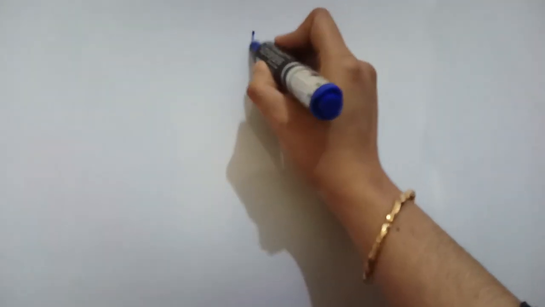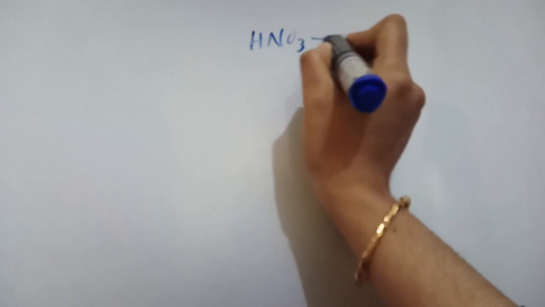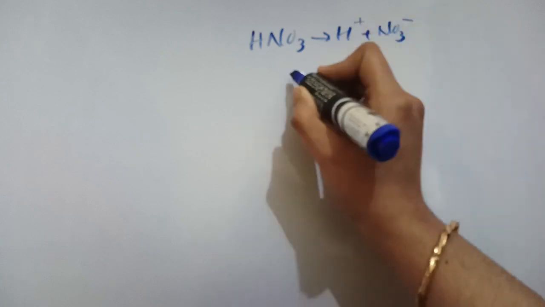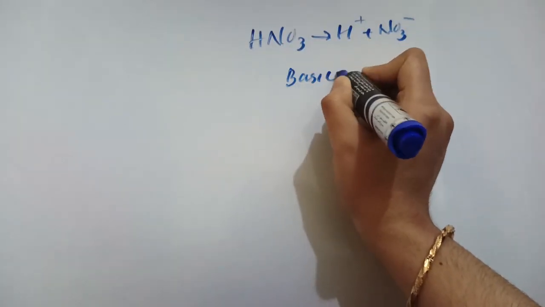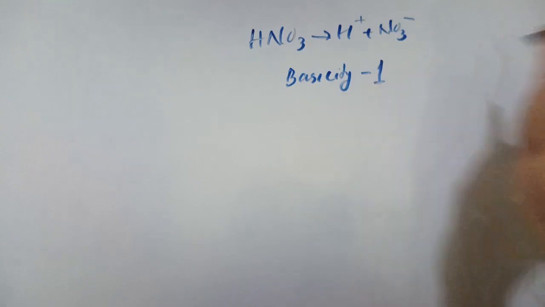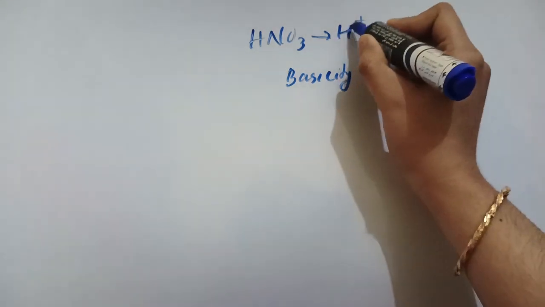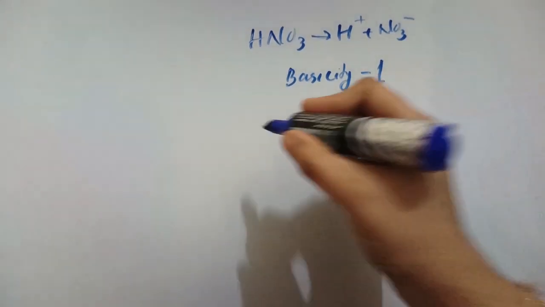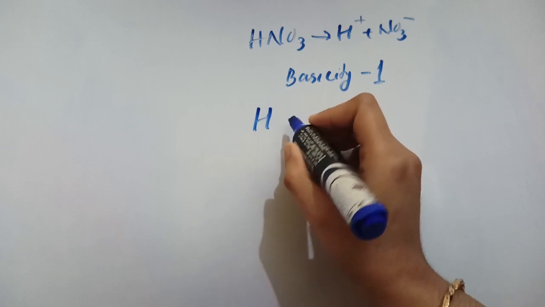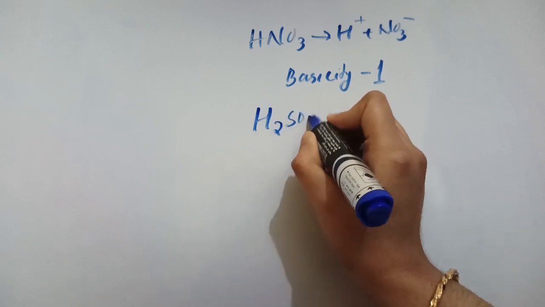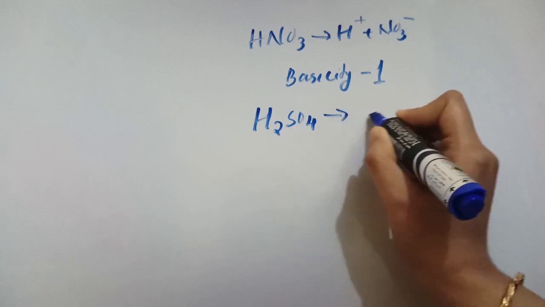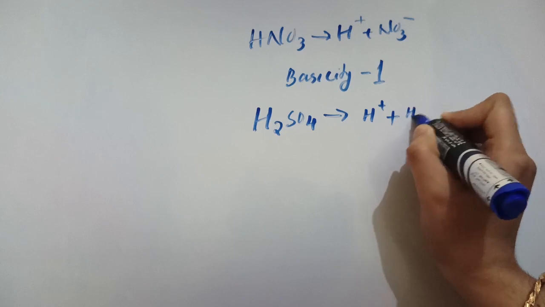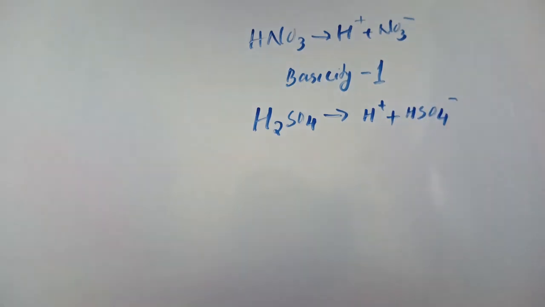Similarly, in the ionization of nitric acid, HNO3 gives H+ and NO3-. Therefore, its basicity is 1 because 1 H+ ion is released. Next, we can look at the chemical equation for ionization of sulfuric acid, that is H2SO4 gives H+ and HSO4-.